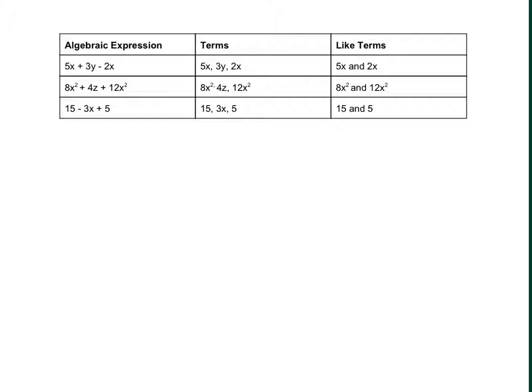And the second example said that it's essential for it to have the same exponent. So here we look at this algebraic expression. We have 8x squared plus 4z plus 12x squared. I want you to think about it. What are my like terms going to be? Here are my terms: 8x squared, 4z, and 12x squared.